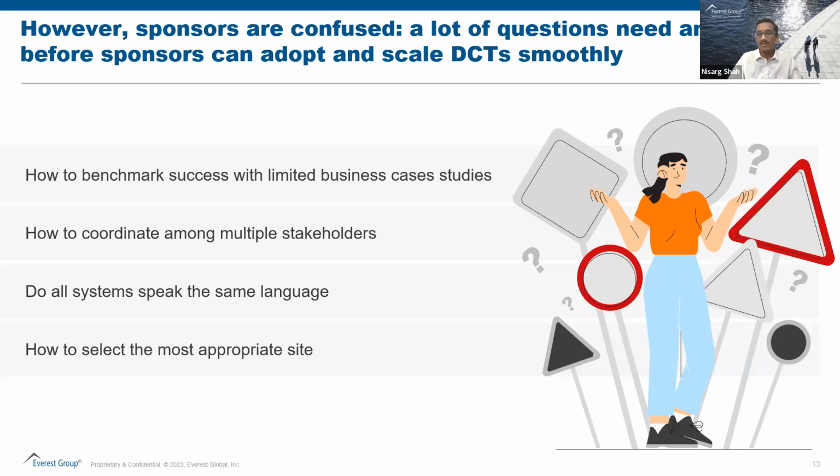So how do they go about this, and how do they think about the best possible sites to serve, not just from a technology maturity and DCT platform adoption perspective, but also their ability to cater to a diverse patient population, not just within the US, but globally as well?